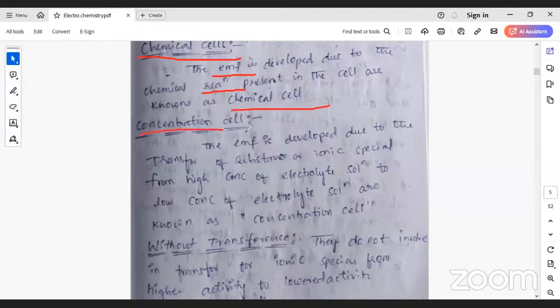Then concentration cells means the EMF is developed due to the transfer of a substance or ionic species from a high concentrated electrolyte solution to a low concentrated electrolyte solution.